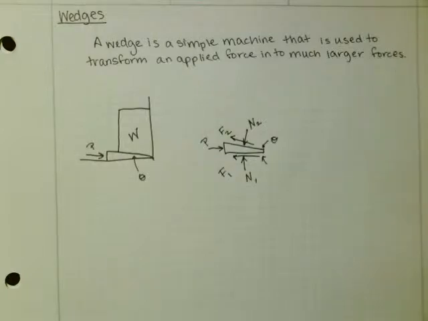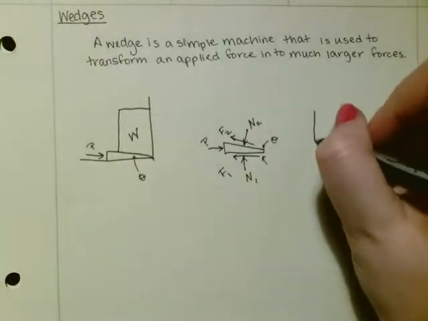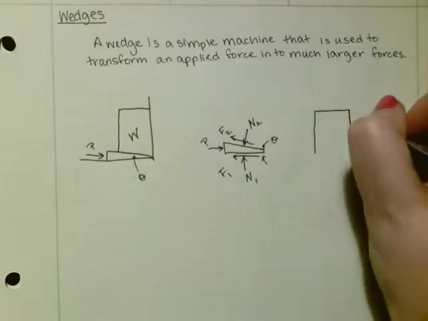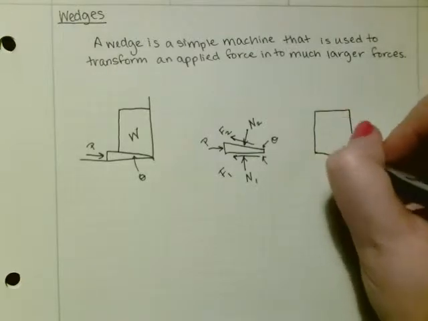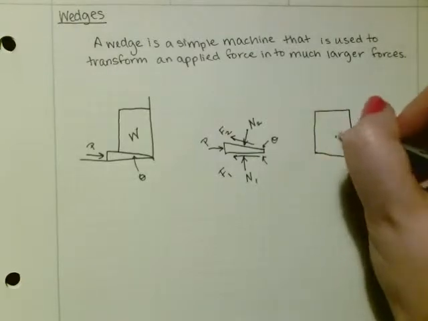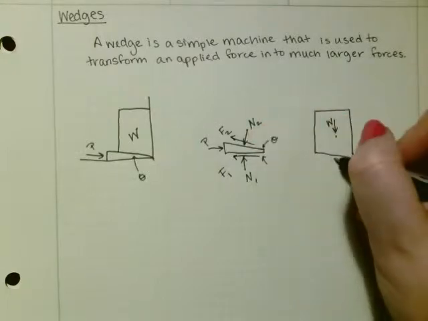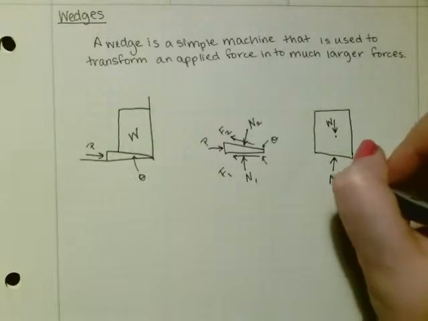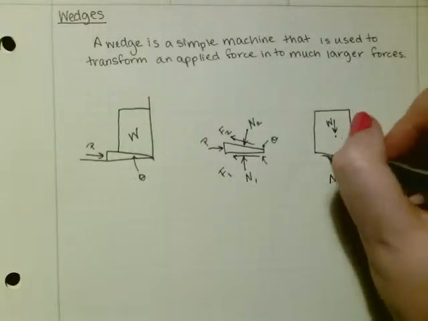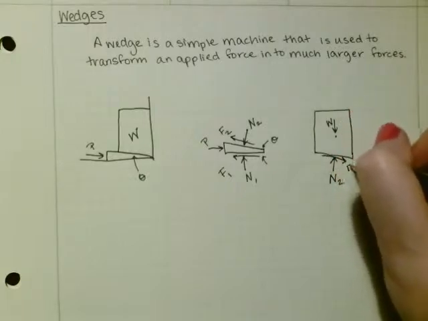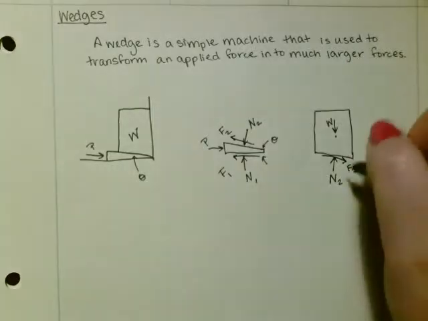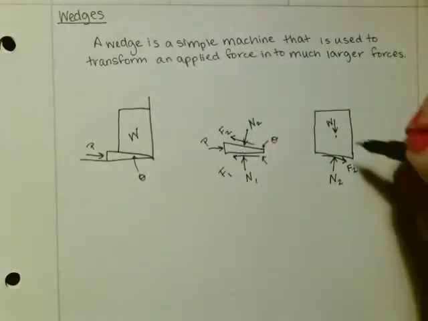Okay? And then the free body diagram for my weight is going to look something like this. I've got my weight of W. I've got that same normal force. I've got my frictional force going the opposite direction of how it was right there.